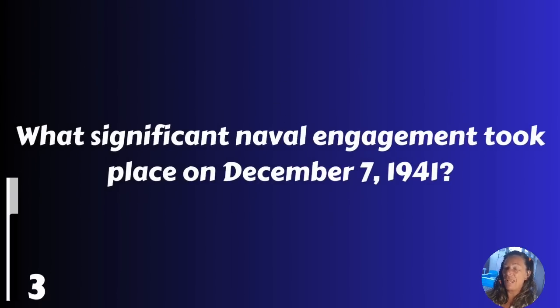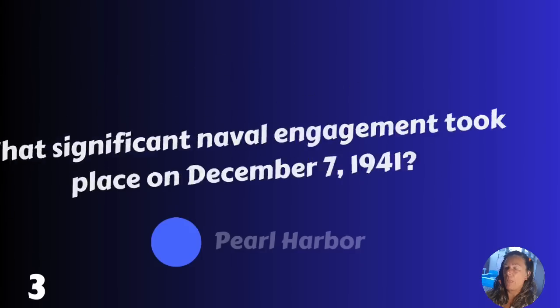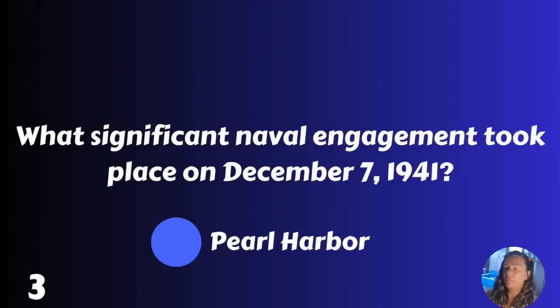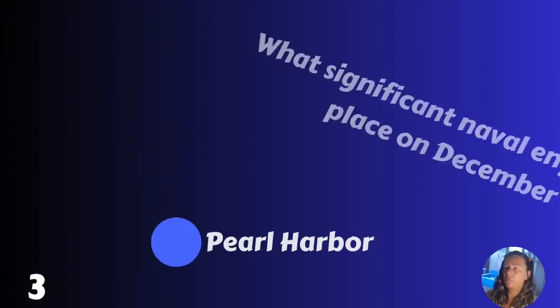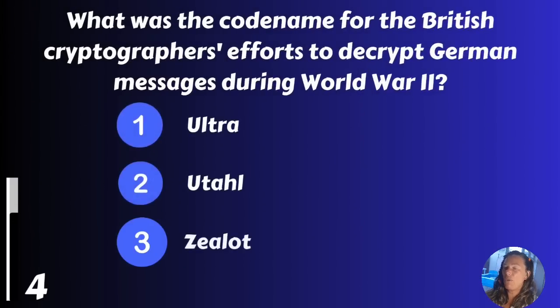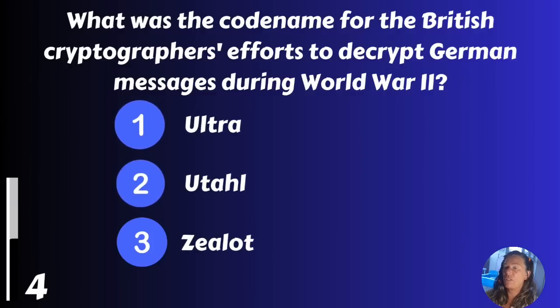What significant naval engagement took place on December the 7th, 1941? Pearl Harbor. What was the code name for the British cryptographers' efforts to decrypt German messages during World War II?